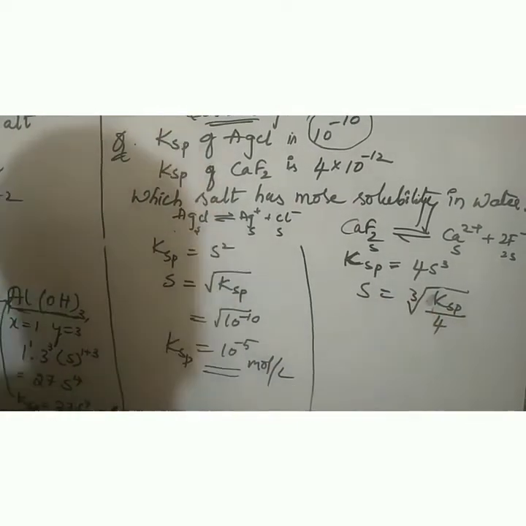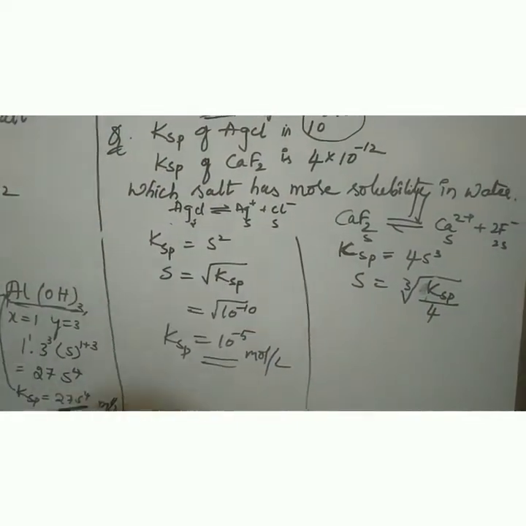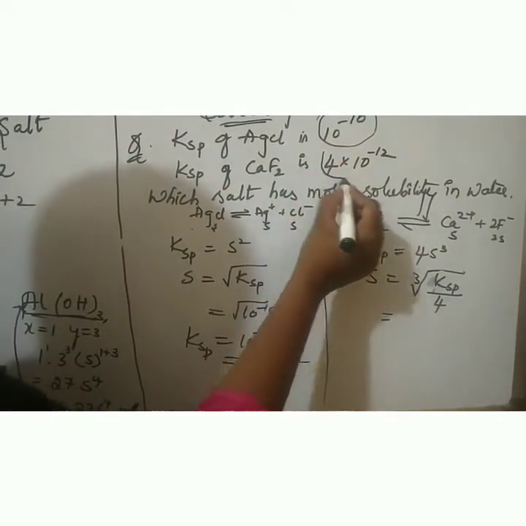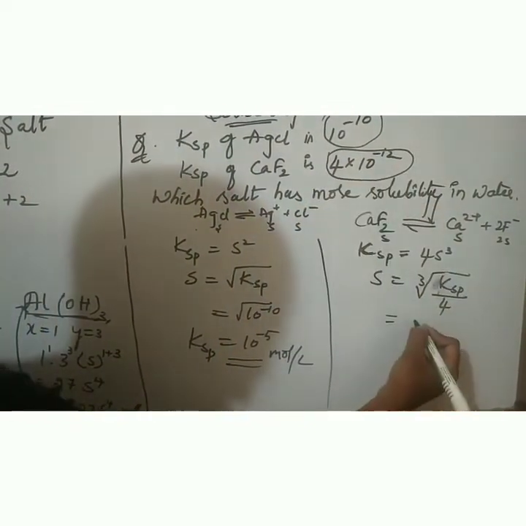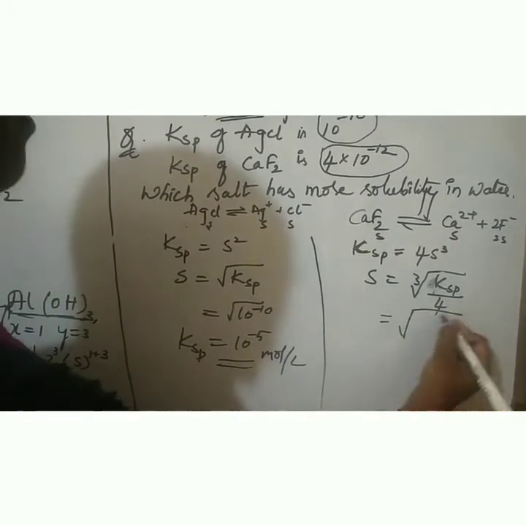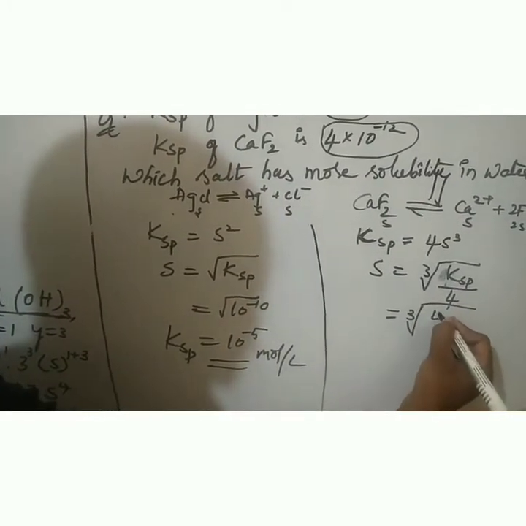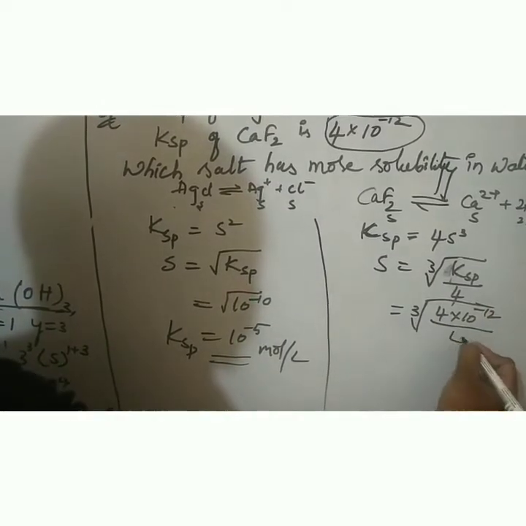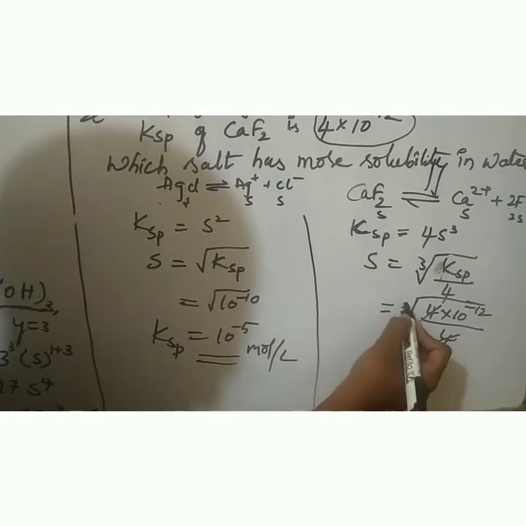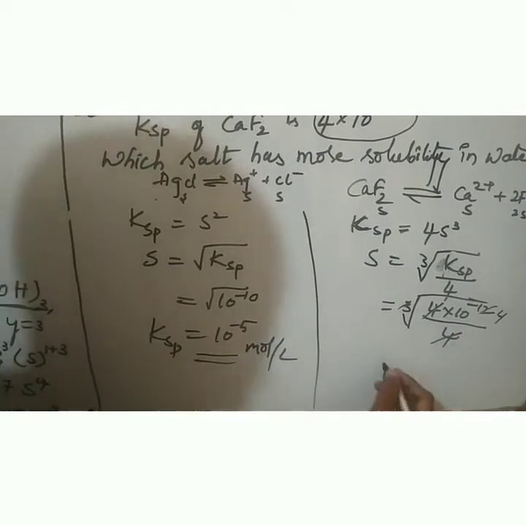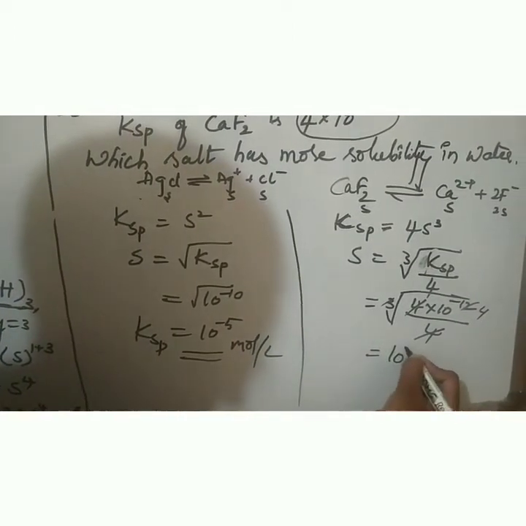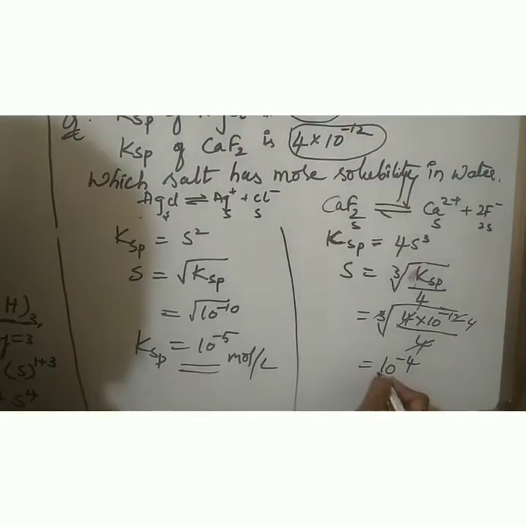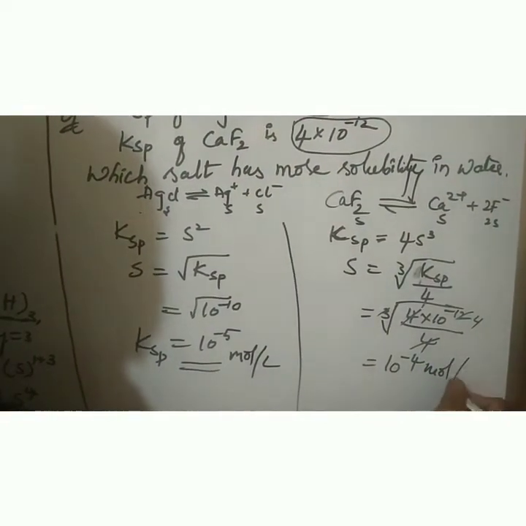Substituting the given value, 4 into 10 raised to minus 12, cube root of 4 into 10 raised to minus 12 divided by 4. The 4s get cancelled, and you will get 10 raised to minus 4 moles per liter.